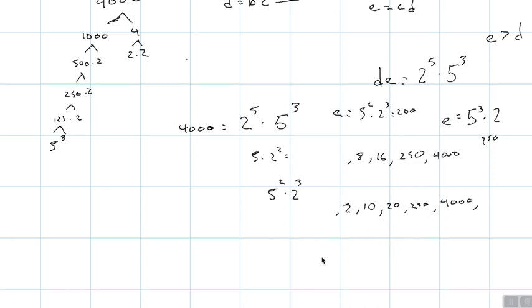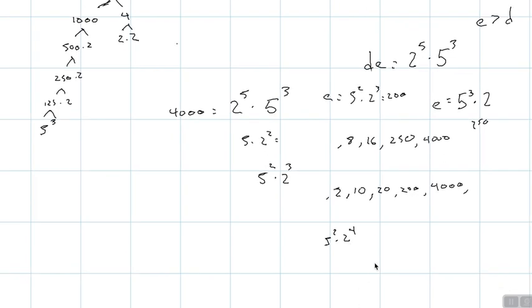So 200 was the 5 squared times 2 to the third. What if we try 5 squared times 2 to the fourth here? Then this number has to be 25 times 16, which is 400. So we could have 400, and this would then be 10.